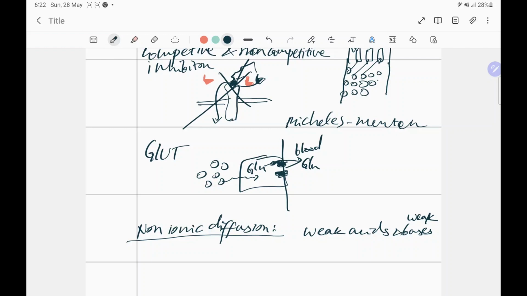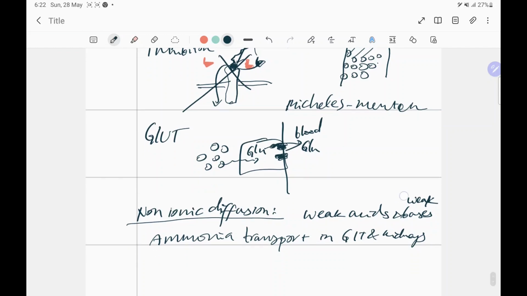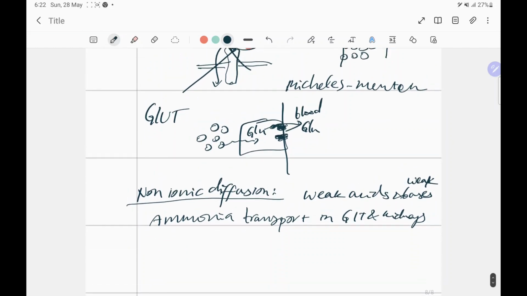So they tend to have a charge on them, and because of this, they can't cross membranes so easily. For that, we have a special kind of transport, which is non-ionic diffusion. An example of this is ammonia transport in the GIT and kidneys. So this is one of the main things for non-ionic diffusion, and that's as simple as that.